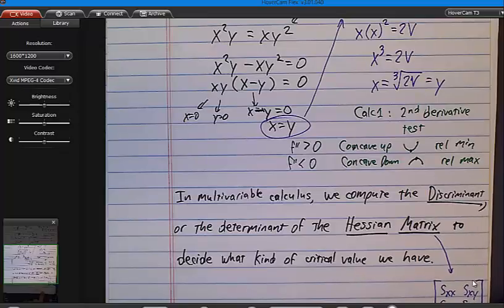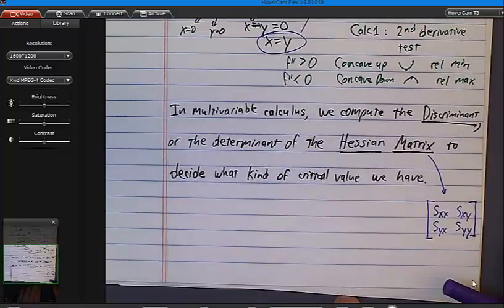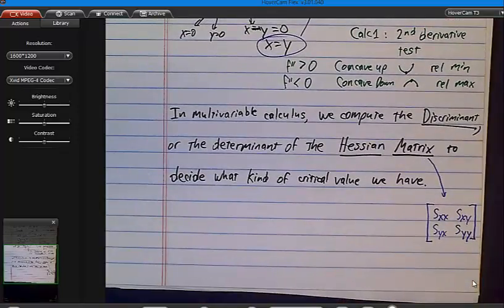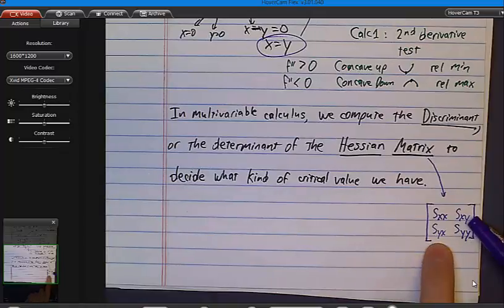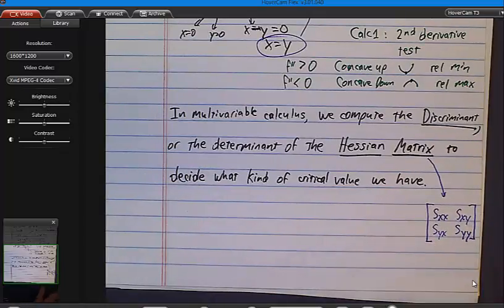YY. You put all the different combinations. Basically, one row is X and one row is Y, and you kind of go through. And you get a matrix. Well, I guess it would matter, except that for us, almost every time, Sxy is going to be exactly the same as Syx. So it's a symmetric matrix, we say, and so I guess it won't matter.